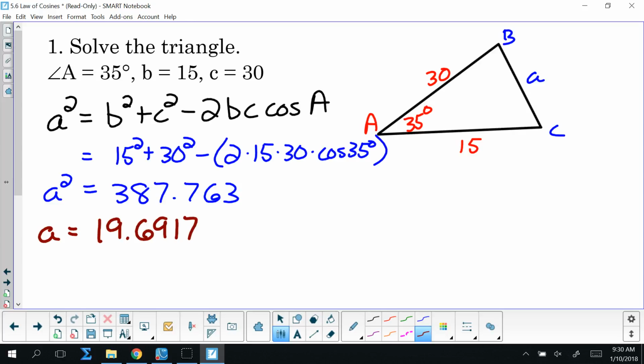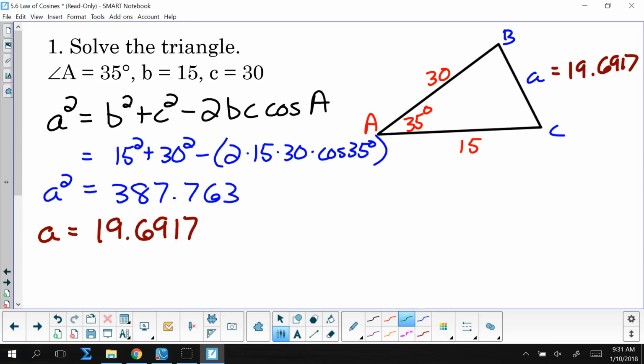Alright? So now I have this. Right? Can I use the law of sines now? Yeah, I can use the law of sines now because now I have that complete fraction.